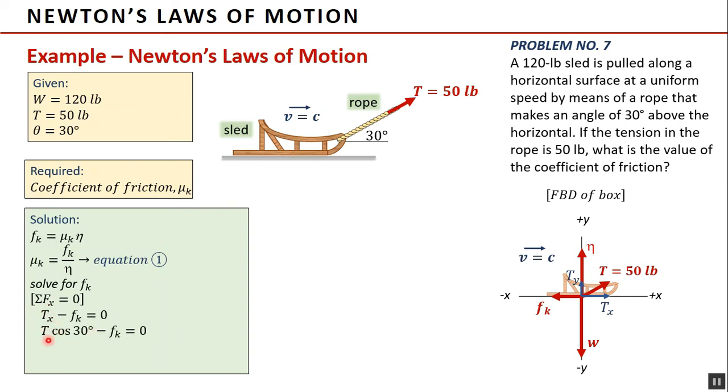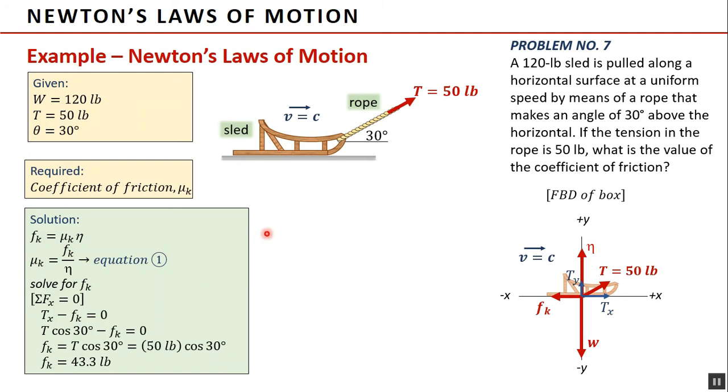So Tx is T cosine of 30 degrees. Then we solve for Fk. Fk is equal to T cosine of 30 degrees. We substitute the given information. Tension is 50 pounds multiplied by cosine of 30 degrees. Therefore, the kinetic friction is 43.3 pounds. We will substitute this later into equation 1.